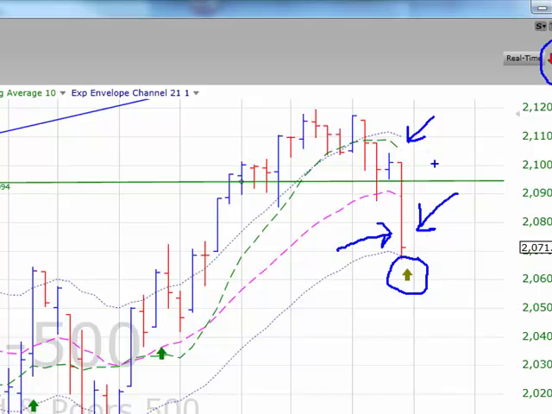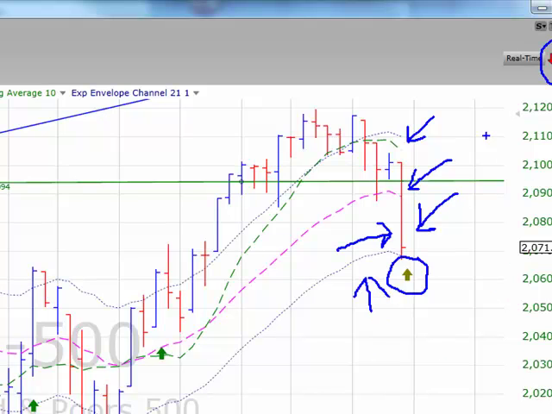Secondly, we need to see the 21-day exponential moving average, which we show in pink, trade below its level of 2 days prior. And finally, we'd have to see the market finish the day below this lower envelope.